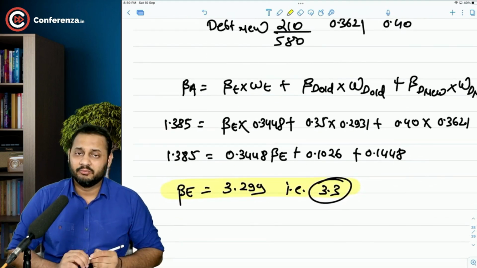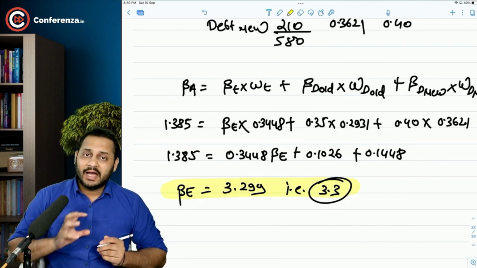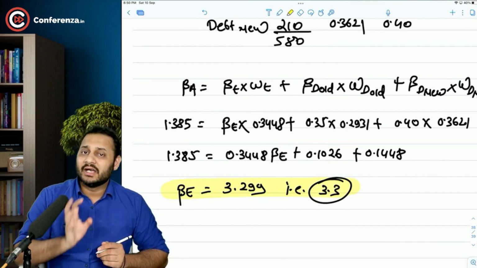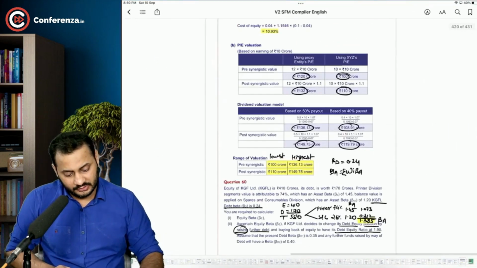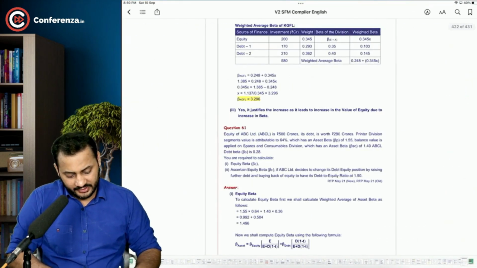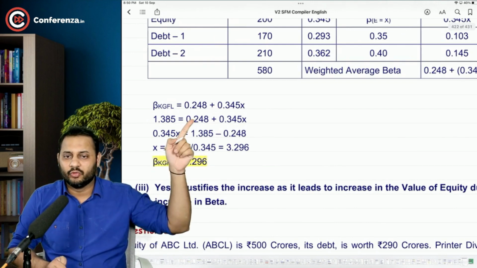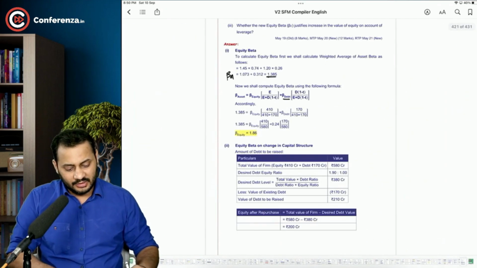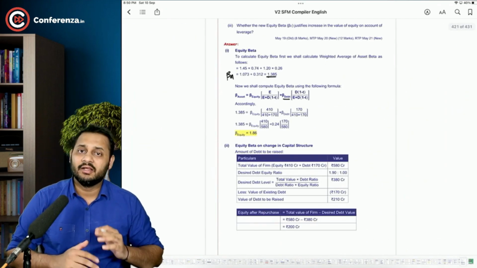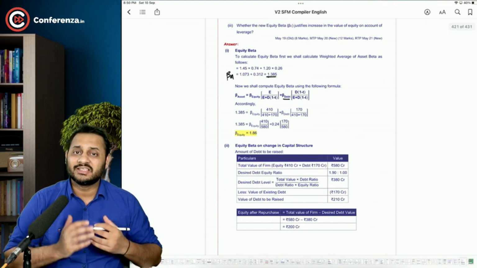Why the beta has increased? Because the debt has increased in the company. Higher the debt amount in the company, higher will be the risk. If you take it in 4 digits, it will be 3.299. Okay, so higher the amount of debt in the company, higher will be the beta value of equity. That means higher will be the risk on the equity.